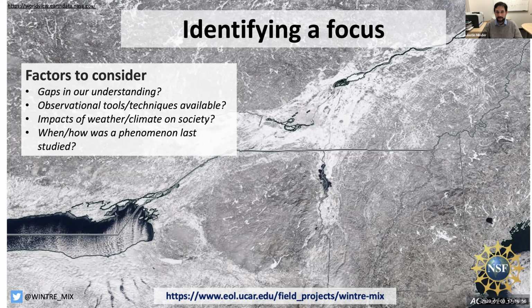So if your focus is on studying some kind of very local phenomena, or maybe a phenomena that doesn't have much societal impact, it might be much harder to get funding for that than if you're trying to study something like tropical cyclone intensification, where there's very clear societal impacts to such a process.